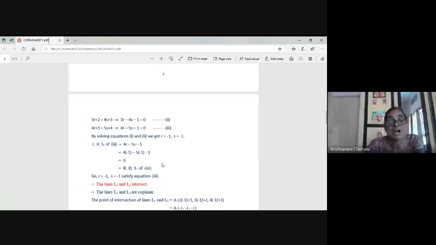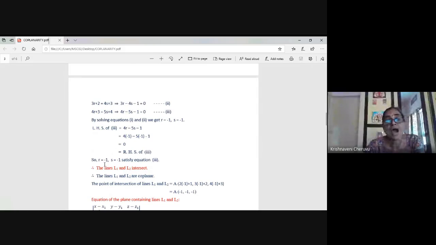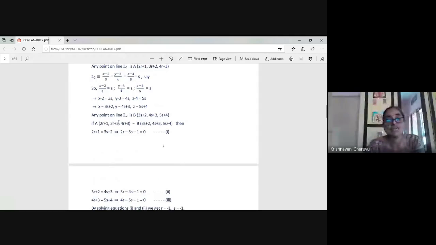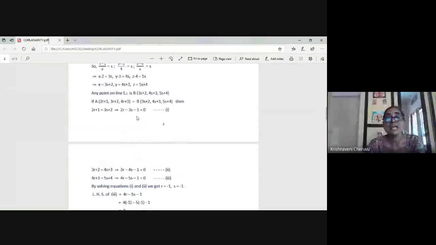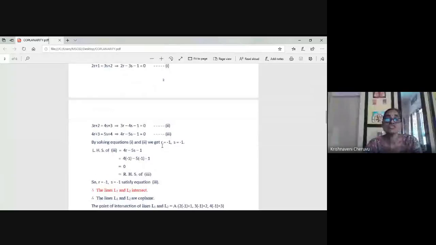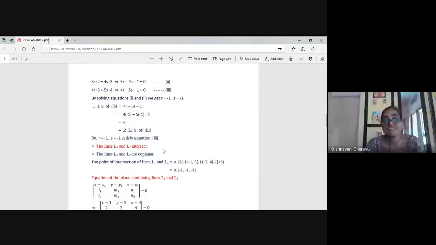At the same time, you substitute the R value in A to get the point of intersection, or you can substitute the S value in B to get the point of intersection. So here the first three parts are over: we checked that the lines are coplanar, and we found the point of intersection.